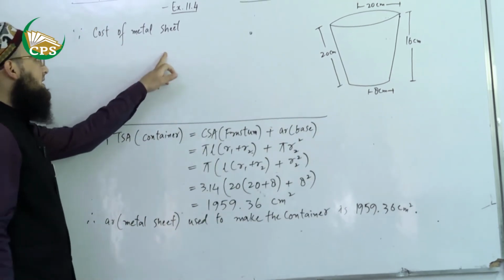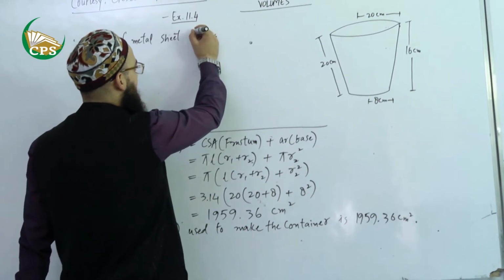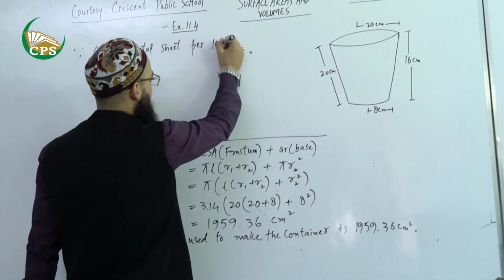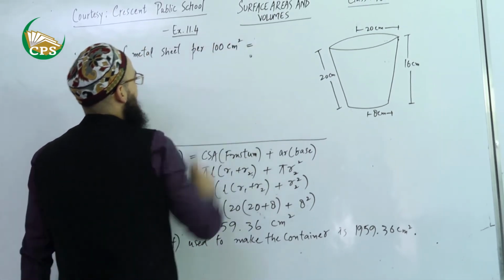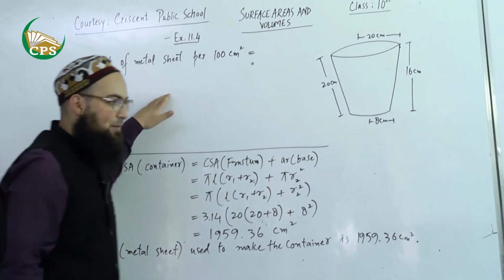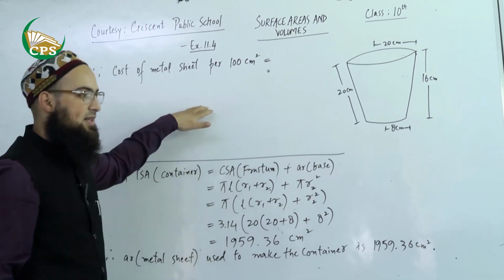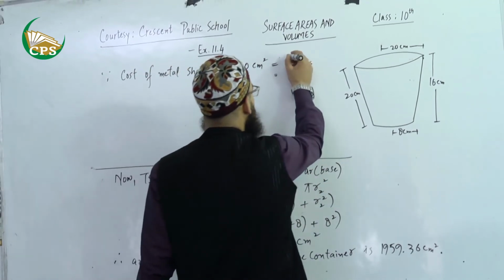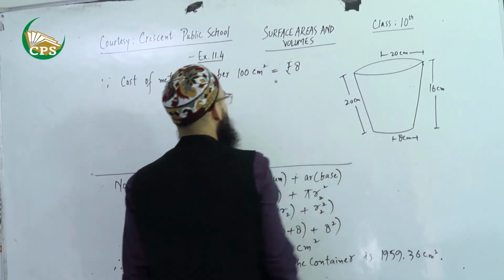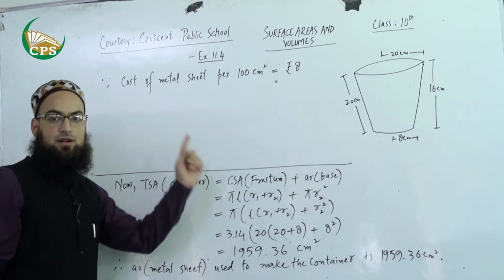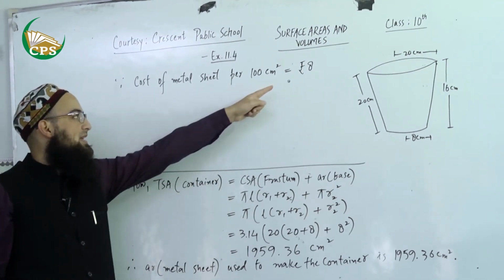Since cost of metal sheet per 100 square centimeter, this is given that cost of metal sheet per 100 square centimeter is rupees 8. This is given. Cost of metal sheet per 100 square centimeter is rupees 8.